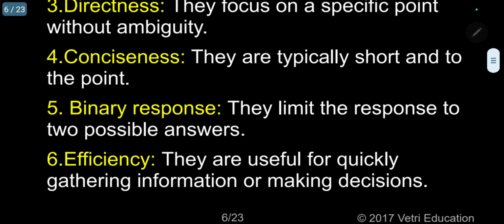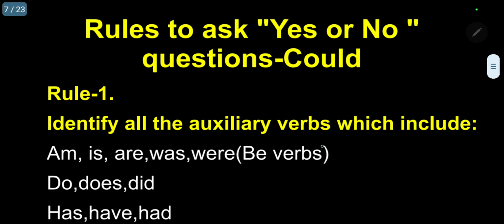They are typically short and to the point. Number five, binary response. They limit the response to two possible answers. One is yes, another is no. Number six, efficiency. They are more useful for quickly gathering information or making decisions.